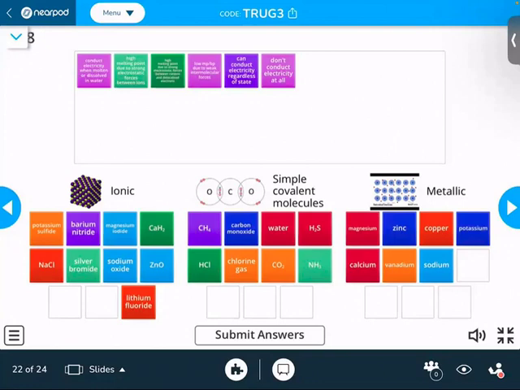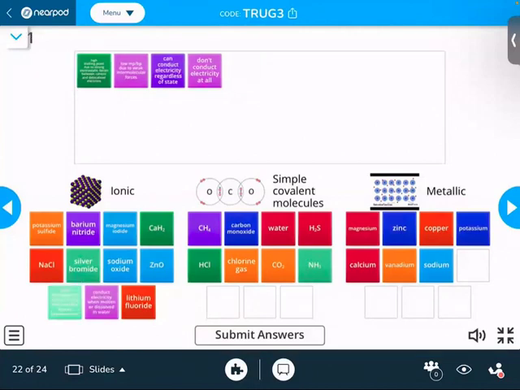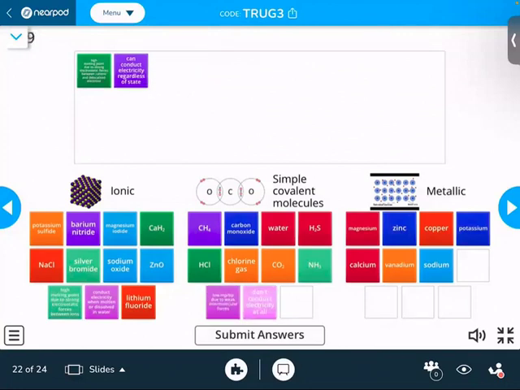Now, conduct electricity when molten or dissolved in water. I'm going to say that that's ionic. High melting point due to electrostatic charges between ions, definitely ionic. Low melting point due to weak intermolecular forces. Intermolecular is your clue there. Don't conduct electricity at all. Same, that one there, covalent molecules.